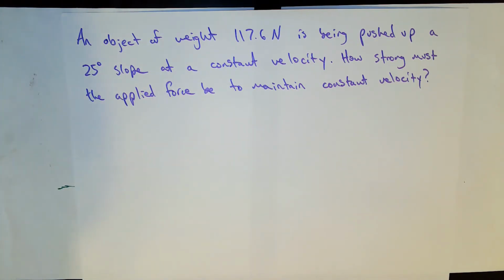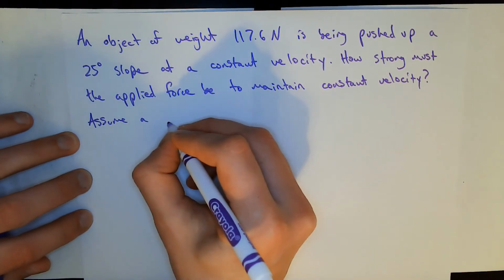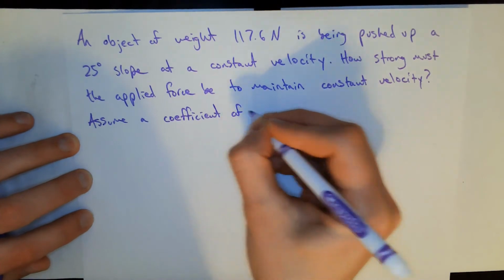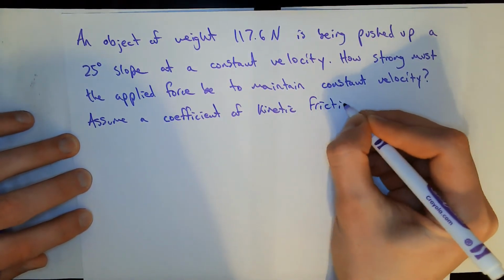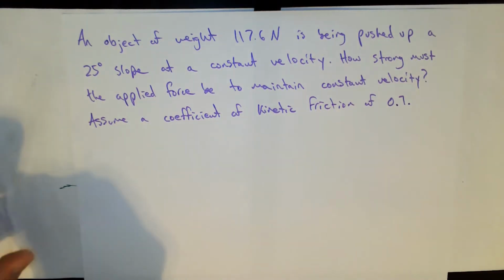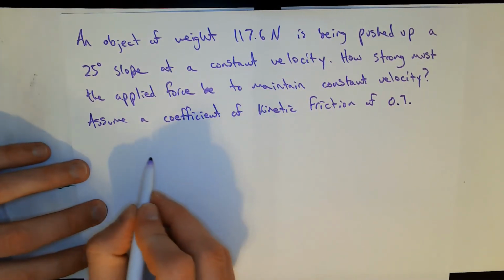Okay, what else do I need to say? Coefficient of kinetic friction. I need to write that down. Assume a coefficient of kinetic friction of 0.7. All right. Without even worrying about how I'm going to solve it yet, I'm just going to go ahead and draw a picture.